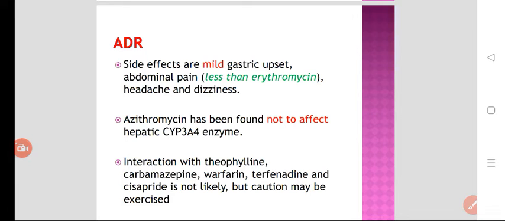Still, interaction with theophylline, carbamazepine, warfarin, terfenadine, and cisapride is not likely, but caution may be exercised. There is no effect on CYP3A4 enzymes, but you still have to take care while prescribing azithromycin along with all these drugs.